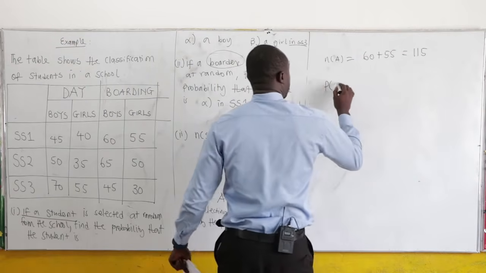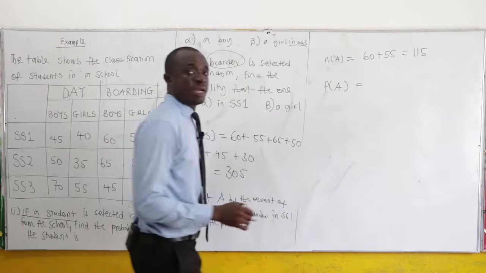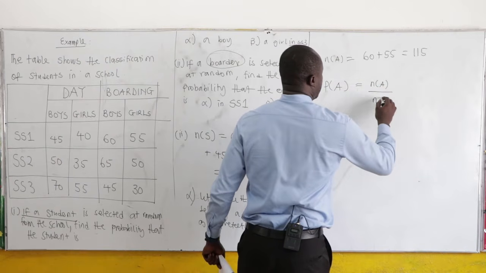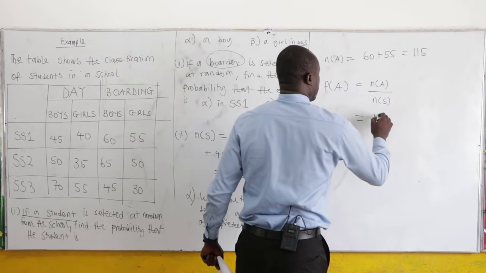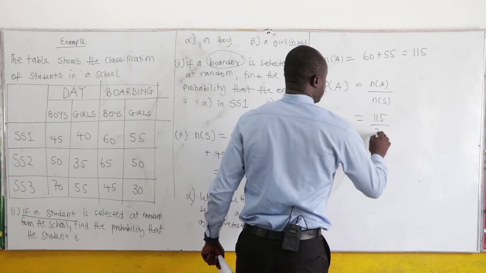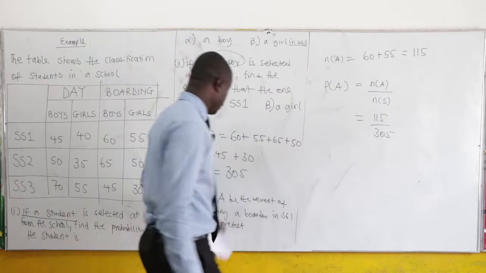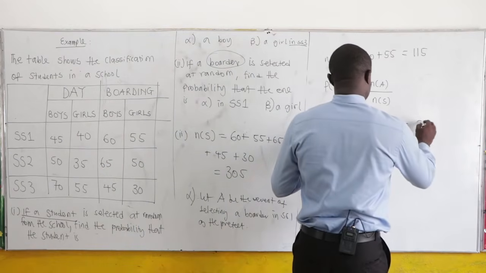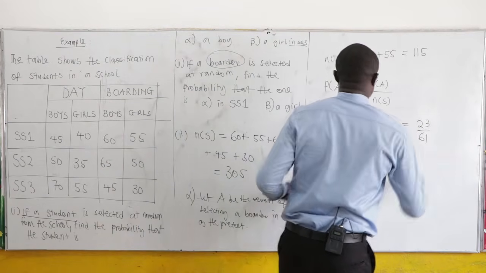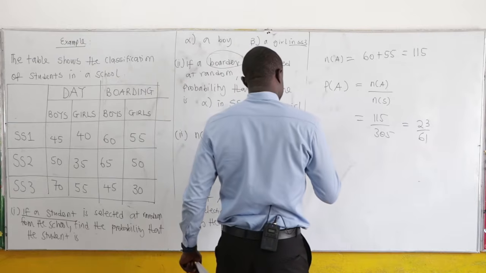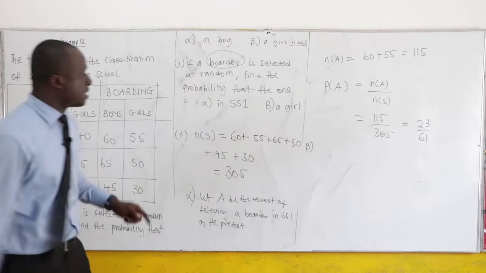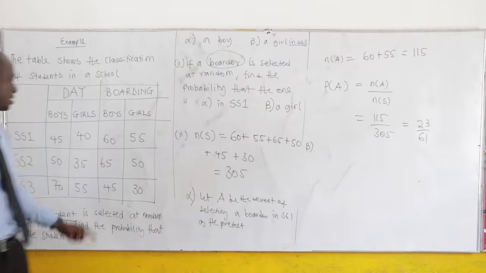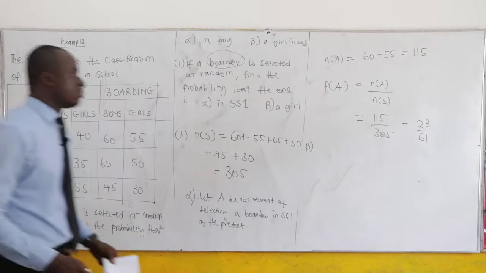So the probability that A is occurring will be number of events all over number of sample space. The event is 115, the sample space is 305. And when we cancel out, this is giving us 23 all over 61. Now let's see the second one. It says a girl. So let's come to the boarders.